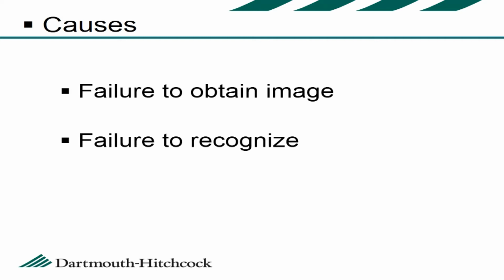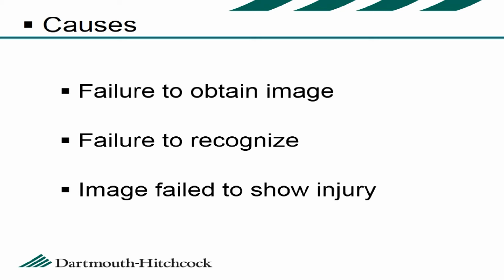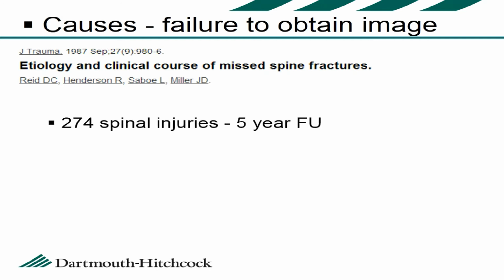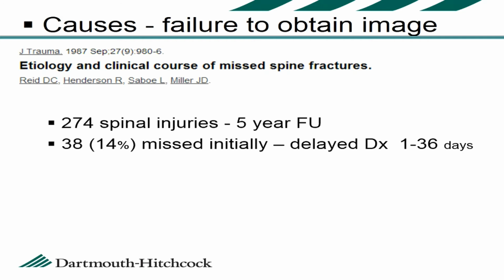After reviewing the literature, I found the causes of missed injuries can be classified as: number 1, failure to obtain an image; number 2, failure to recognize a fracture even after you have gotten the image; or number 3, the image was done and you have gone through it carefully, but the fracture or dislocation was not shown.